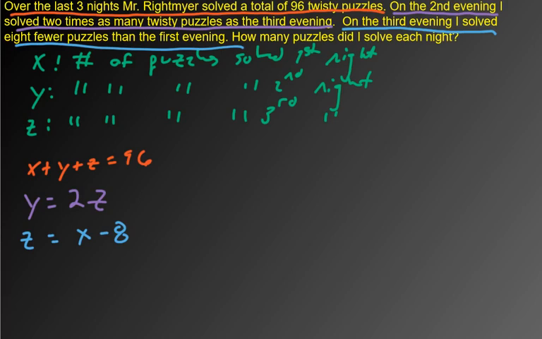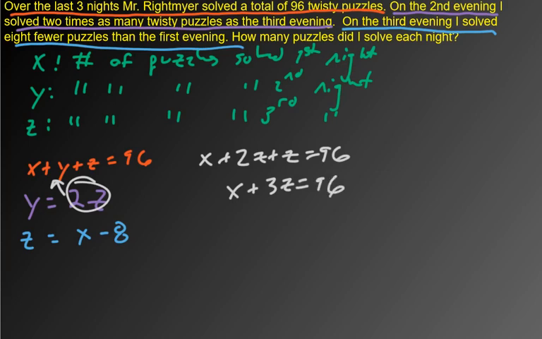So I would probably take y here and plug it in up there. So I'm going to get x plus 2z plus z equals 96. So then x plus 3z is 96. You can also now take this and plug it in over here because you have what z is. It's a good case for substitution.